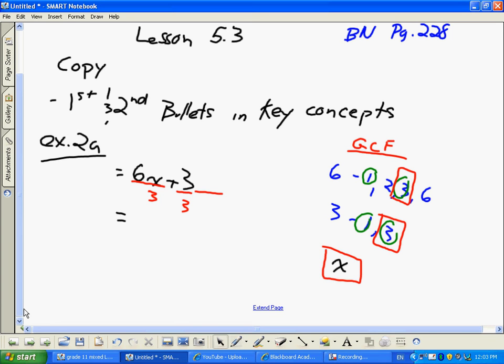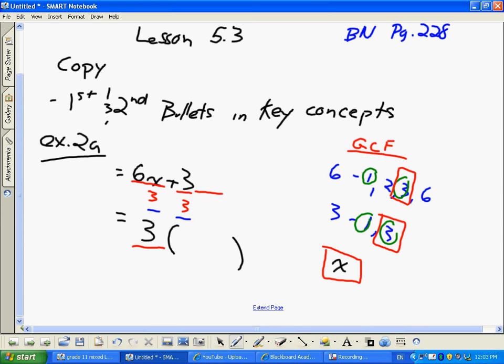What's then going to happen is the number we divided by, our 3, that 3 is going to come to the outside of a bracket. So we're going to have a bracket now. The number we divided by, the 3, is going to be outside of the bracket. Okay? And when we divide our two terms, whatever's left is going inside the bracket.